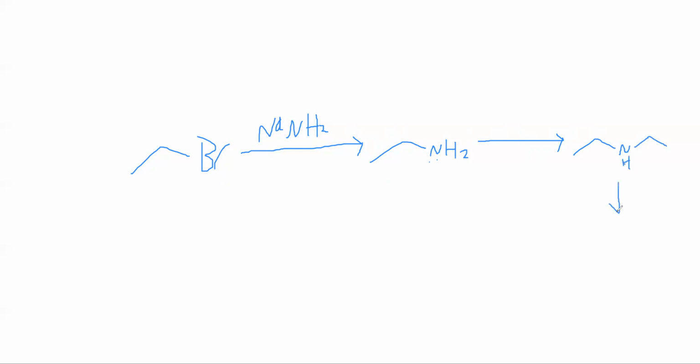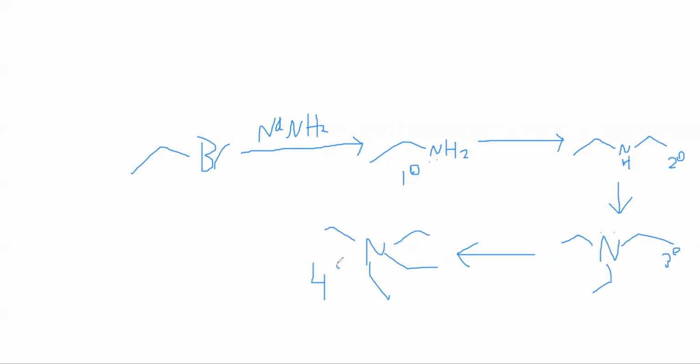It can react with another alkyl halide to give you this. So first we formed a primary amine, then we formed a secondary one, then we formed a tertiary one. And it still has a lone pair, so it can react again, and you can end up with a quaternary ammonium salt.